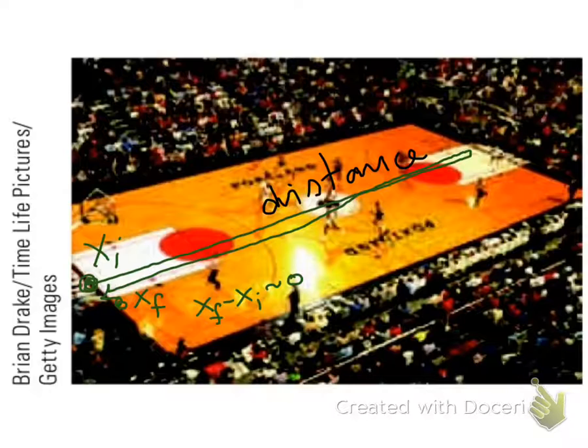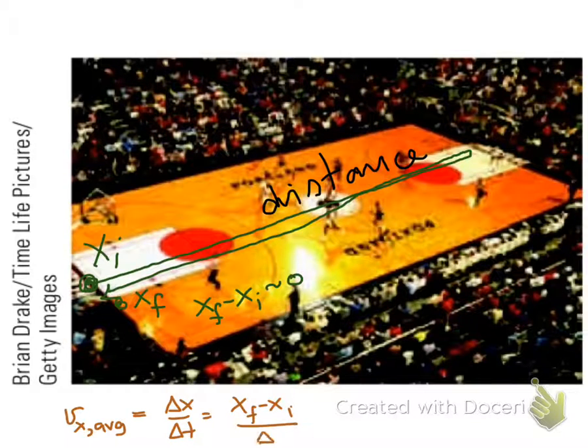So we have that v_x avg is equal to delta x over delta t, which is equal to x_f minus x_i over delta t.